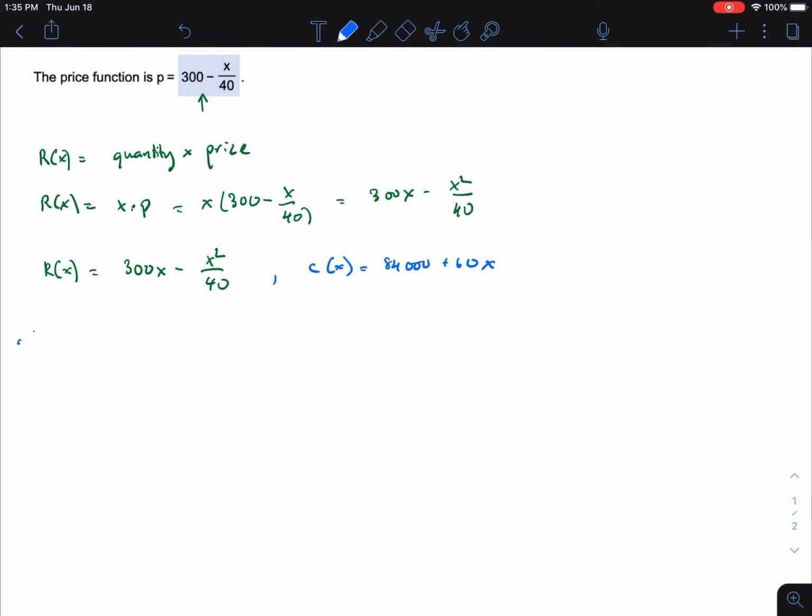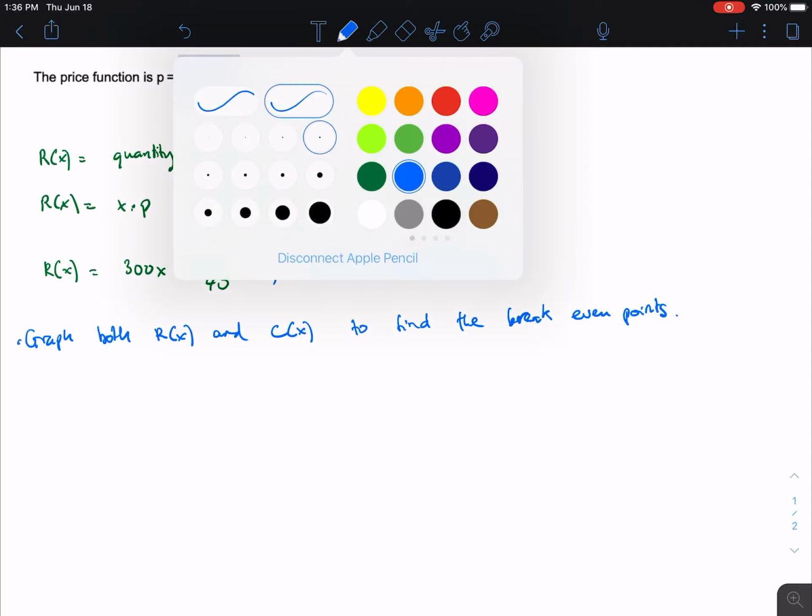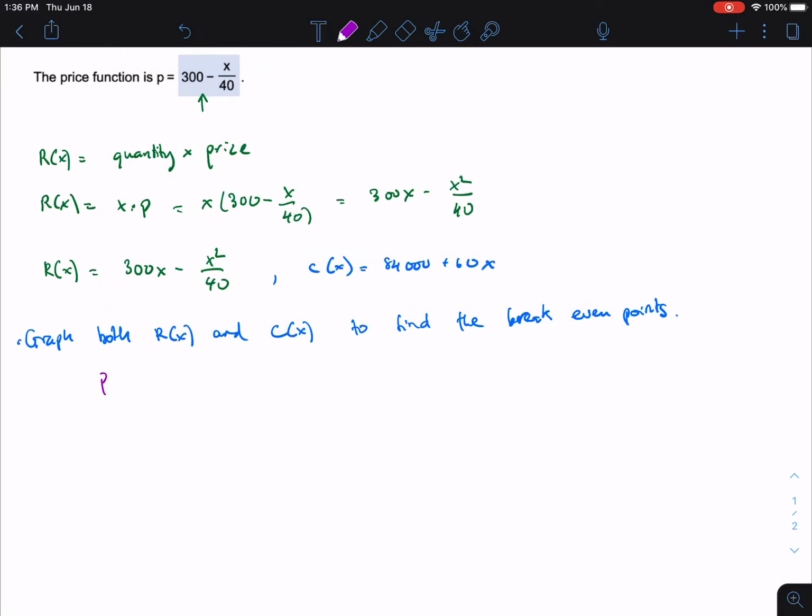So I think we graph both R of x and C of x to find the break-even points. Now, when we define profit, which is P of x, we take R of x minus C of x, right?